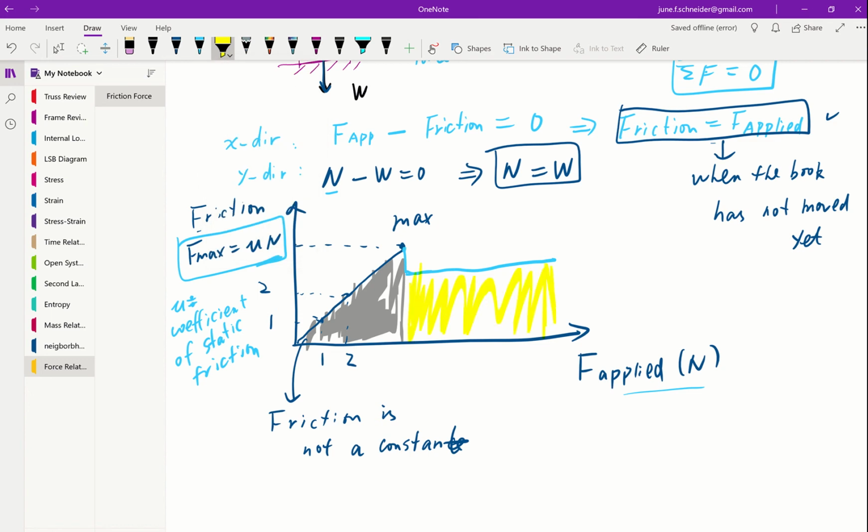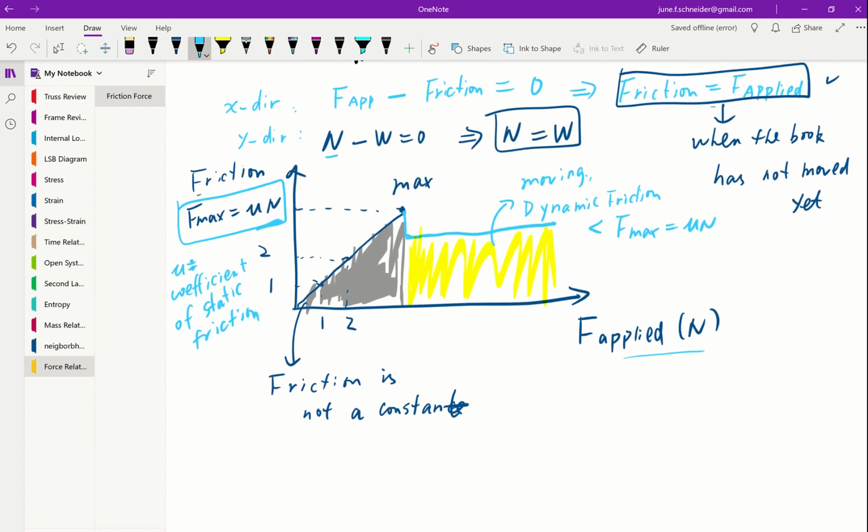This is when it's moving. When it's moving, we're going to have this dynamic friction. And this dynamic friction is always less than this maximum friction. And this maximum is equal to mu N. Okay? So that's the whole concept of friction.